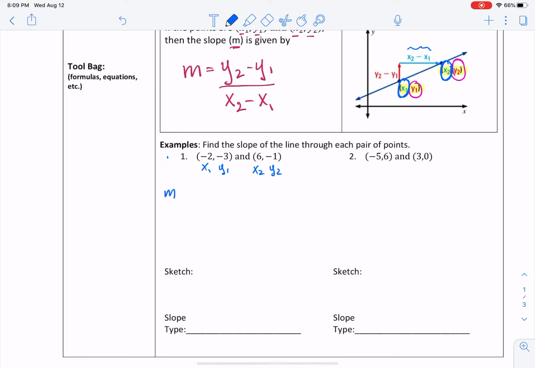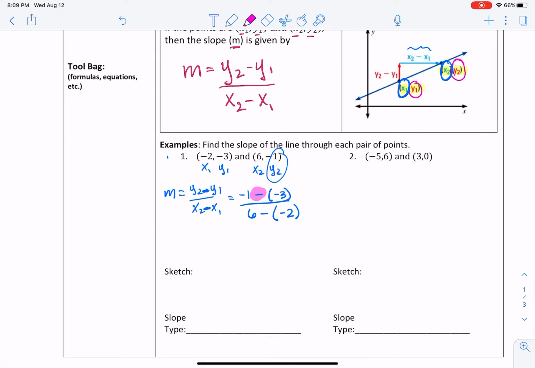So we start with our formula, m equals y2 minus y1 over x2 minus x1. y2 is negative 1 minus. This minus must always be here. This other number can be something else. In this case, y1 is negative 3, but this minus must always be here. Over x2 is 6 minus a negative 2.